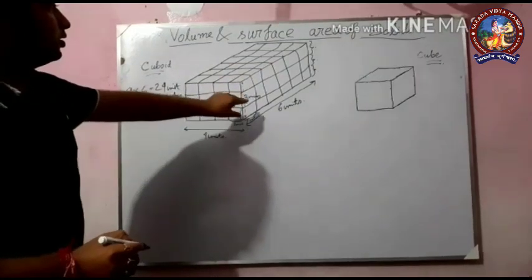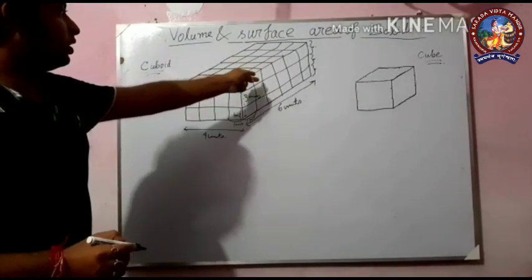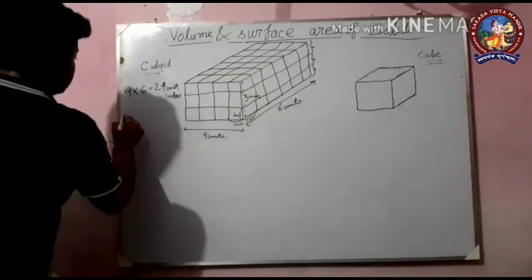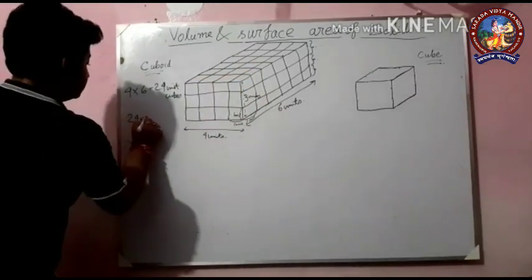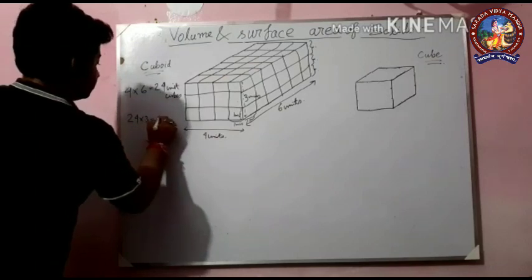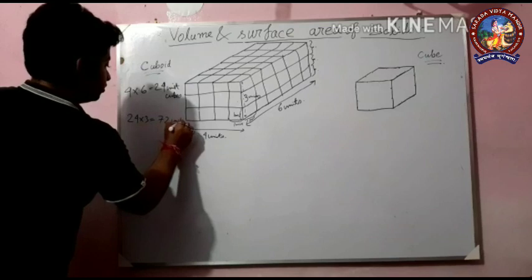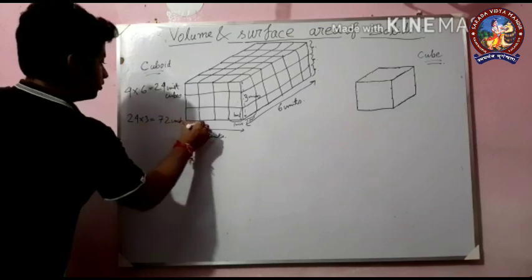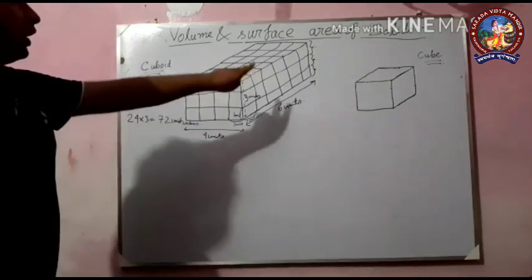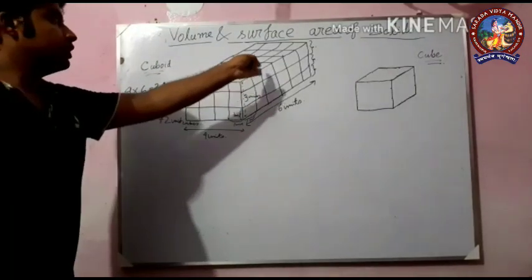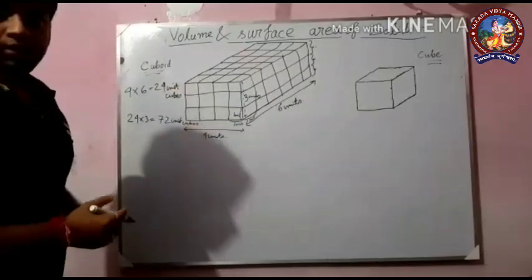So there are 3 layers similar like that layer, right, in total. So total there will be 24 into 3, that is 72 unit cubes, right? So I can accommodate maximum 72 unit cubes in this cuboid, right?